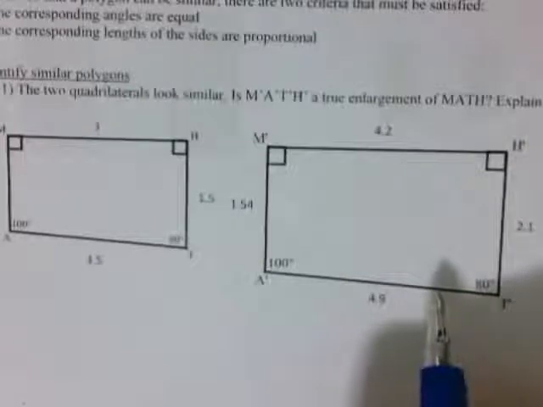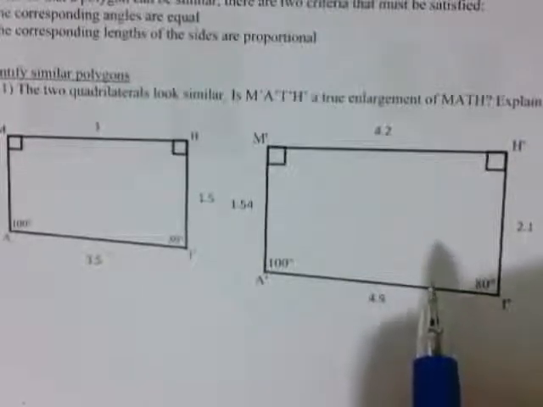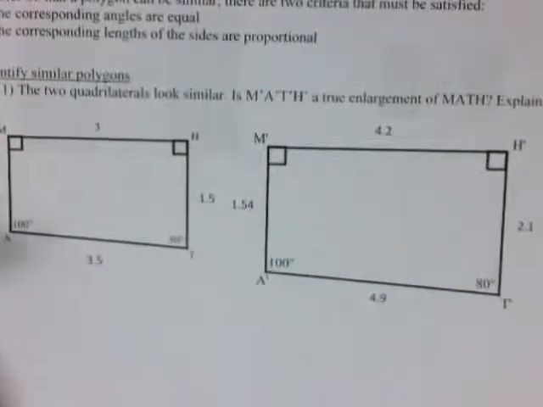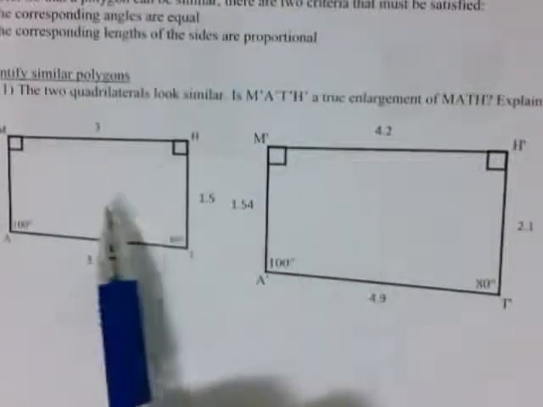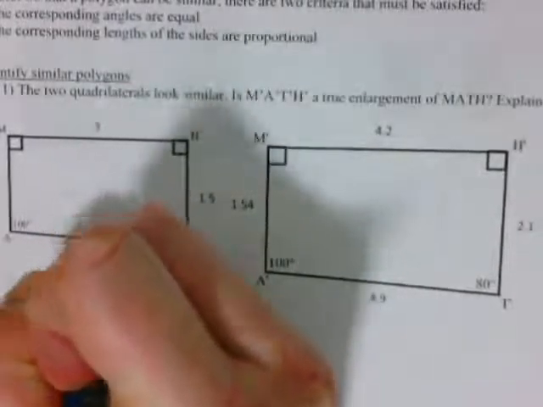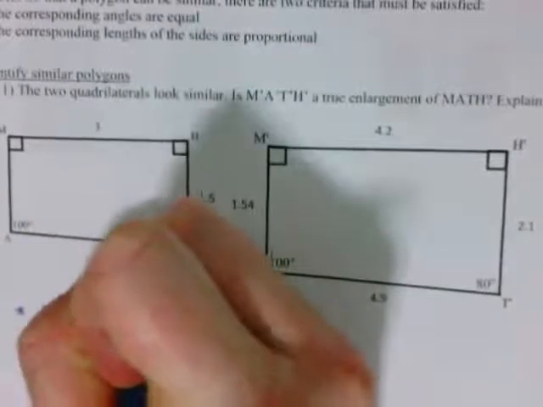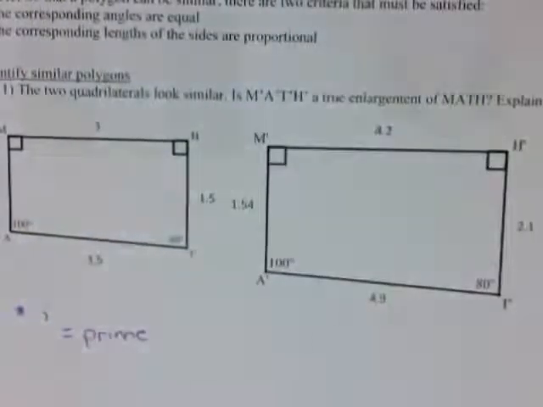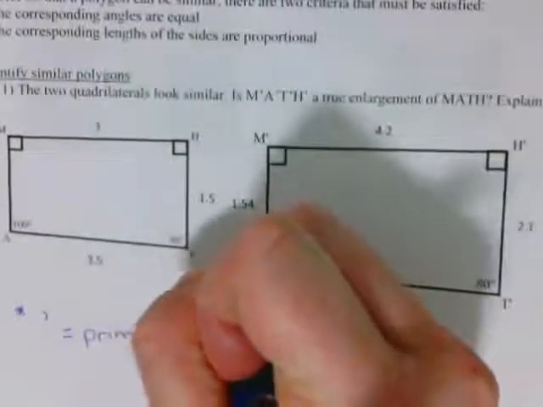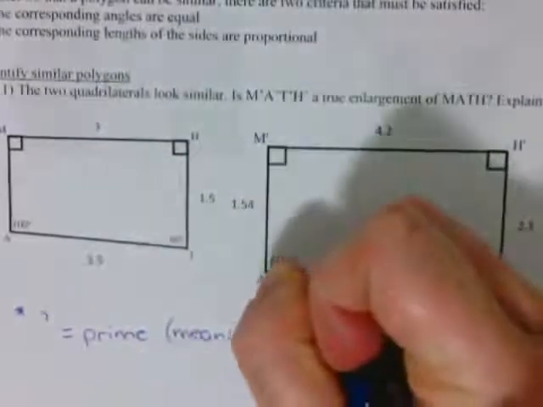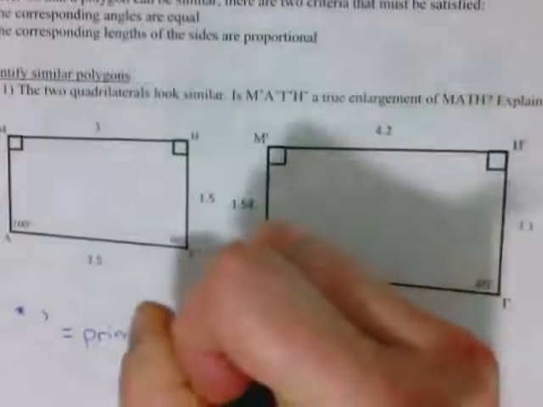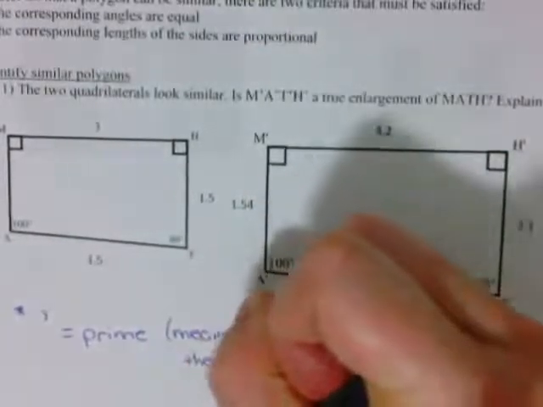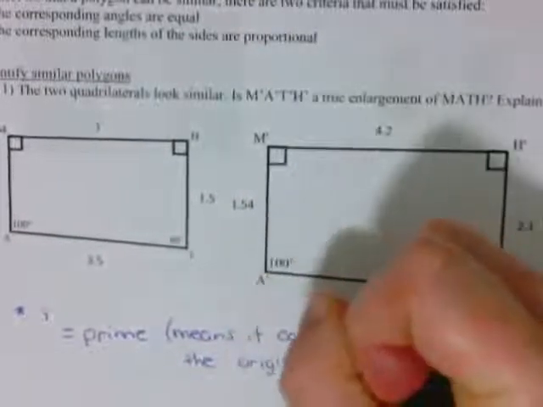That apostrophe is actually called prime. Now, prime indicates automatically that this one right here came after this one right here. So I'm going to put a little note that this apostrophe equals prime, and prime means it came after the original polygon.